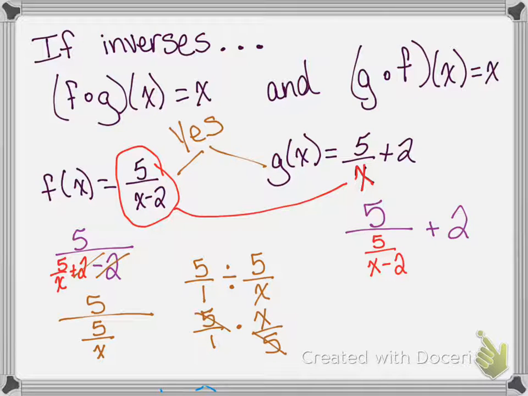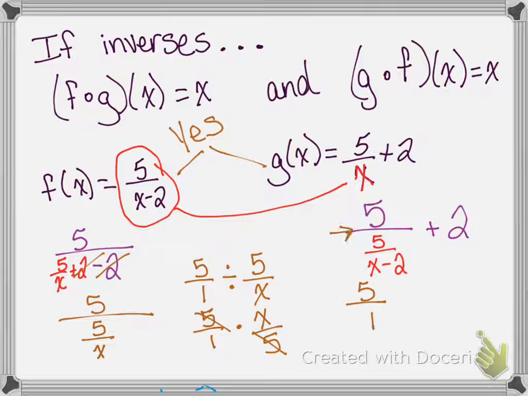So I have 5 over x minus 2 plus 2. Now I'm going to ignore that plus 2 for a second, and I'm going to show you what happens. This is just dividing fractions. That's all we're doing. So I have 5 over 1.